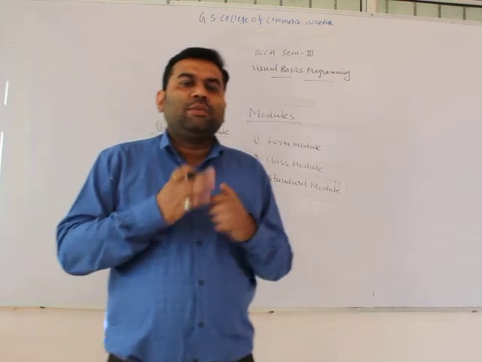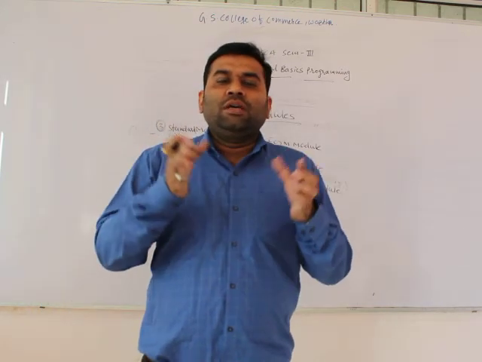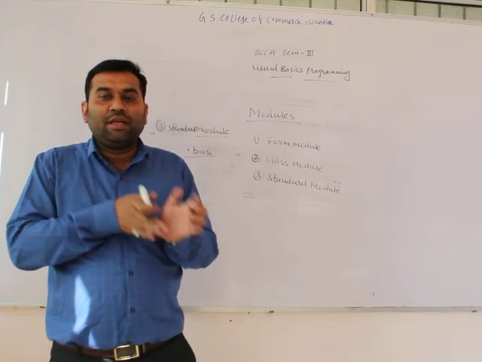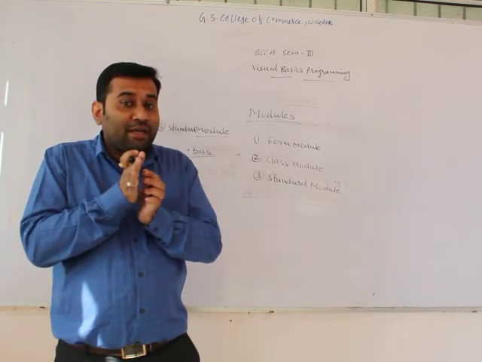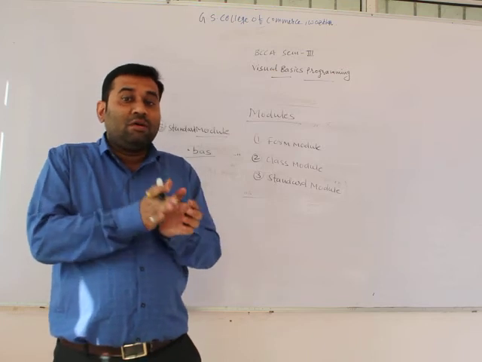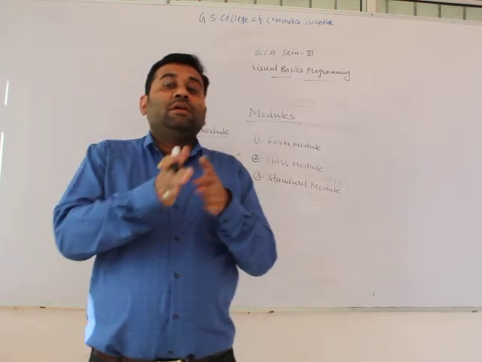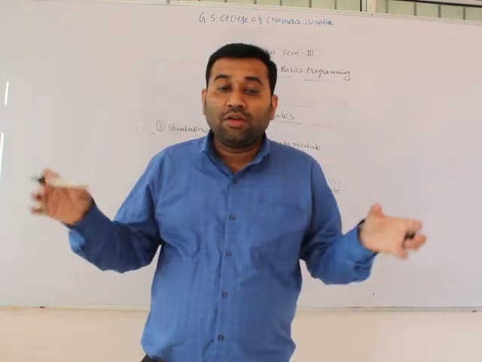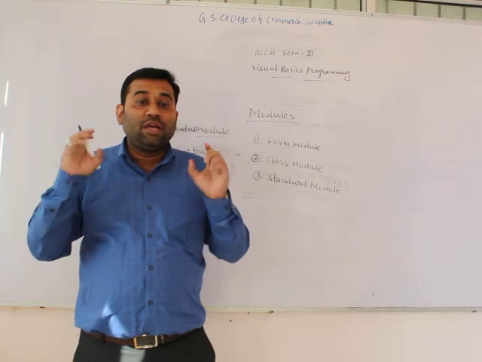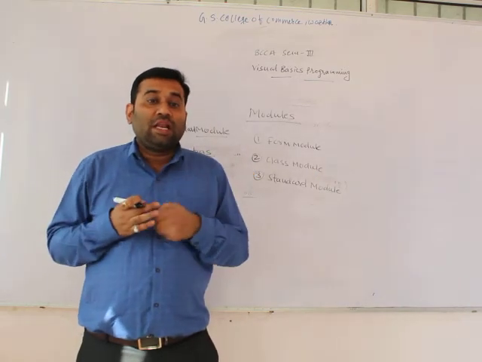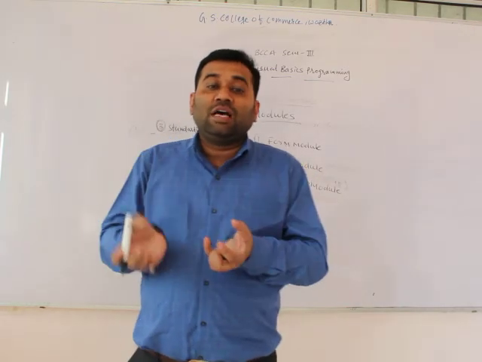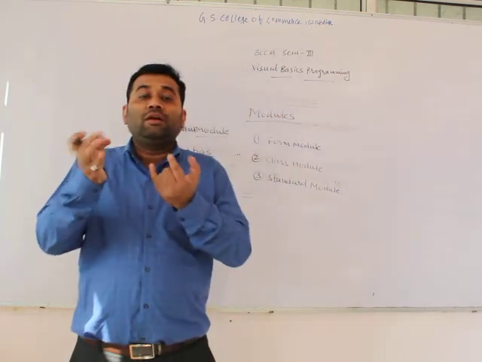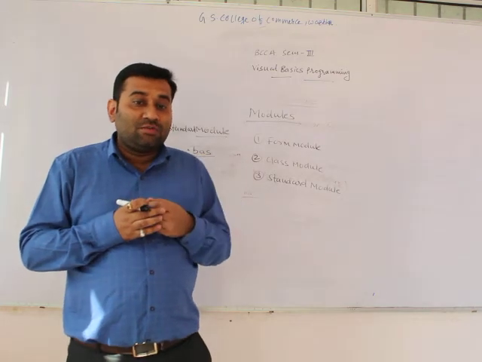Now the comparison between the class module and the standard module. In the standard module, variables declared public are visible from anywhere in your project. But in the class module, a public variable can only be accessed if you have an object variable containing a reference to a particular instance of the class module.